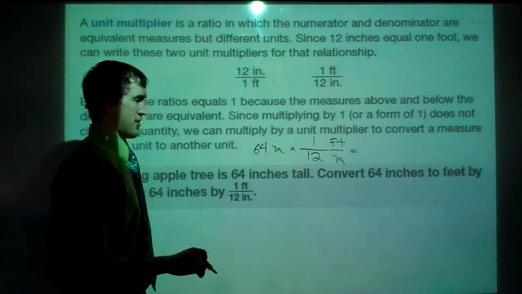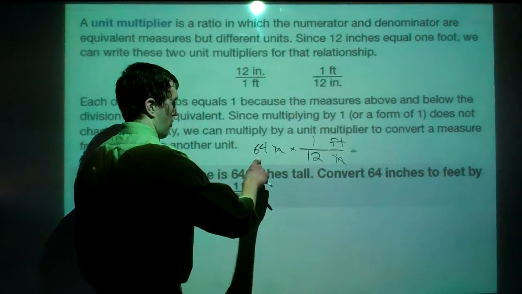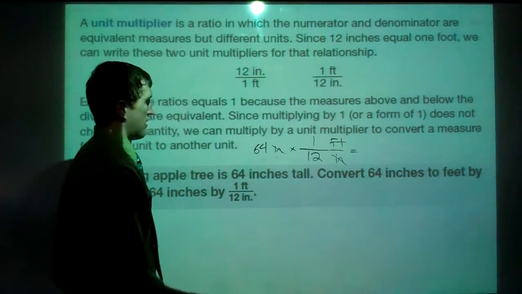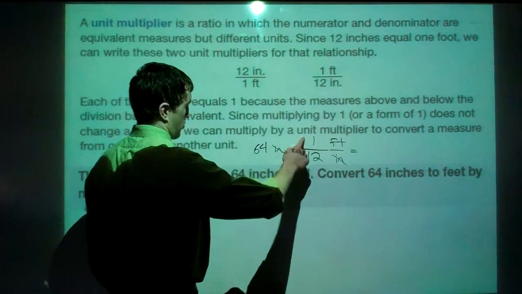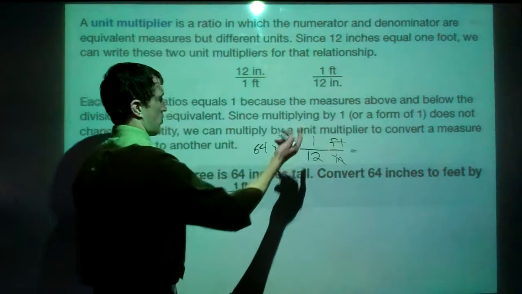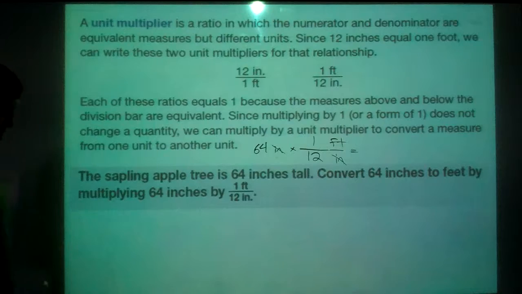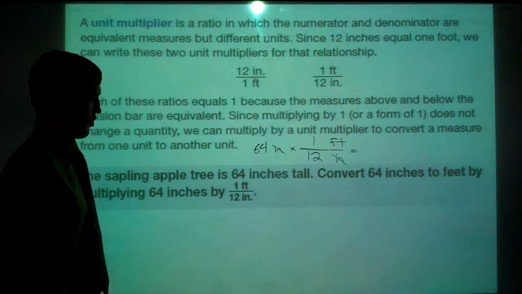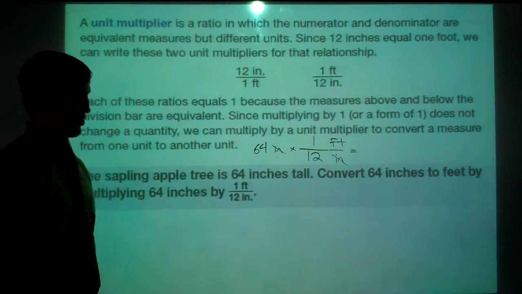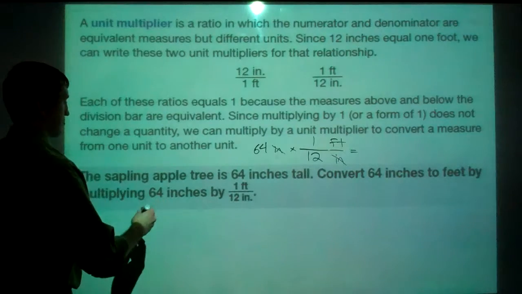The other thing about this that's pretty nice is, now we can multiply by anything on top and divide by anything on the bottom. So 64 times 1 divided by 12, or 64 divided by 12 times 1. Doesn't matter which way you do it. And remember, when you multiply by 1, nothing really changes. So really what we have here is 64 divided by 12.